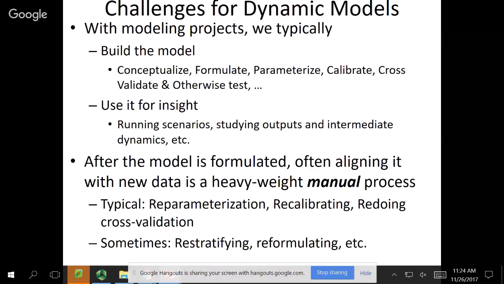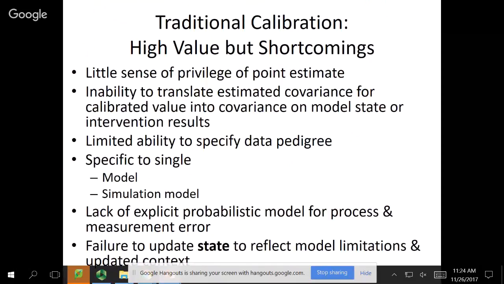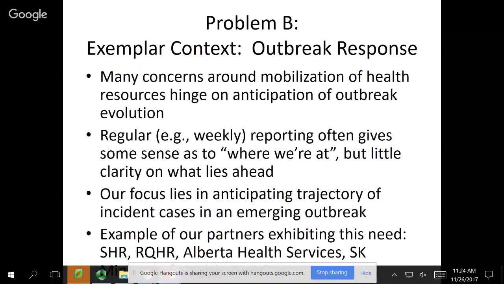But calibration, in this traditional process of building a model and then only later, only occasionally and through a manual process updating it, just is not well suited to bringing in new data over time and knitting it together to a picture of what's going on now. Recalibration gives us an updated estimate of the parameters, but not of the underlying model state. Okay, a second motivation here. So that's one motivation, knitting together multiple lines of evidence to give us a picture of what's going on right now.